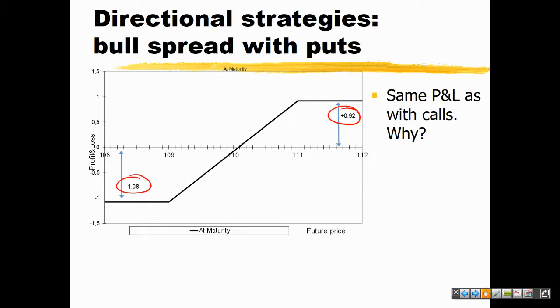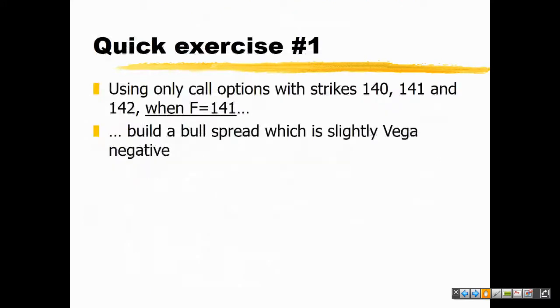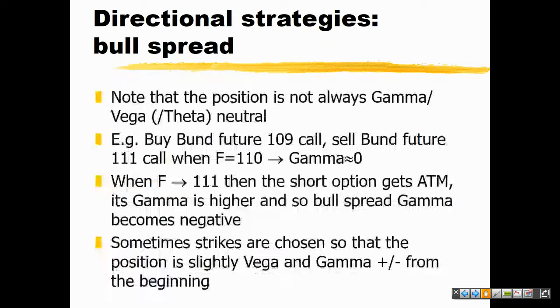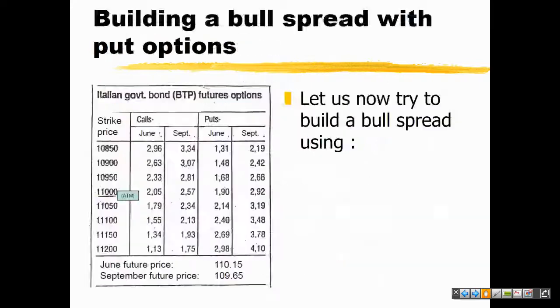These two numbers should look relatively familiar. Why? Because they are exactly the same numbers we had here, with the bull spread made up with calls. Okay? So we are obtaining with calls and puts exactly the same profile at maturity.